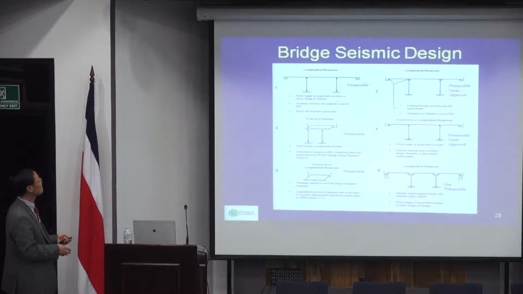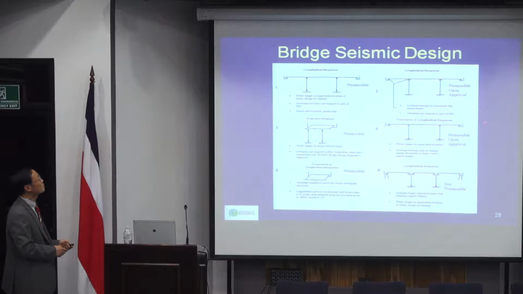This type of structure model is allowed, and this is not typically allowed: fixed at the bottom with a plastic hinge near the top. These are allowed provided you have special permission.